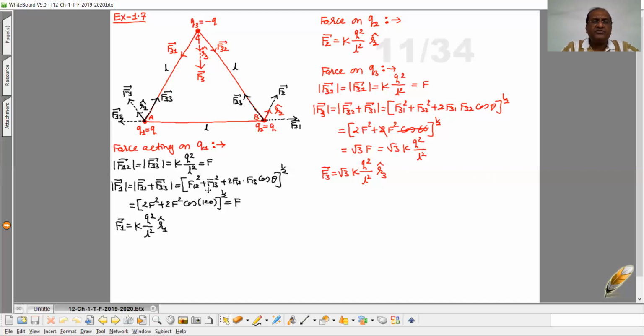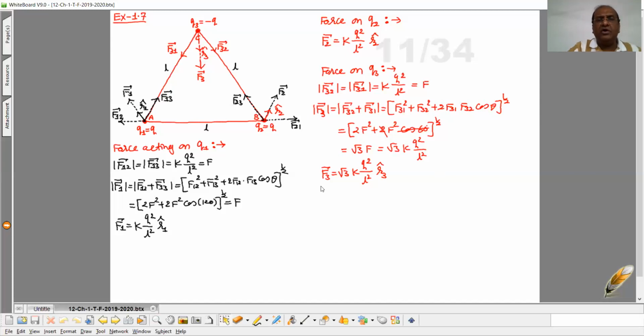These two forces are equal in magnitude and it is F. So we can write F square plus F square, 2F square cos 120. So this resultant will be F. We can write in vector form F1 is KQ square upon R square into R1 caret, where R1 caret is the unit vector in the direction of this force F1 as shown in the figure.